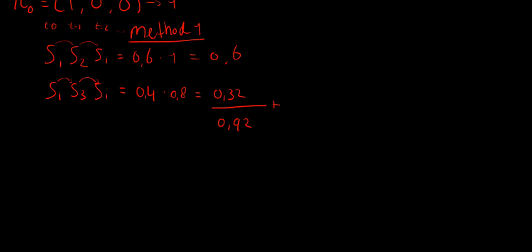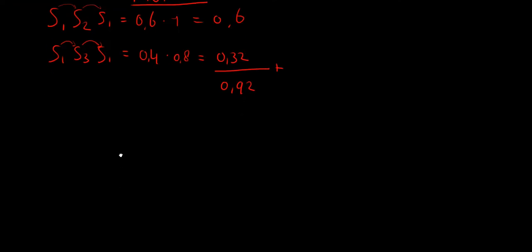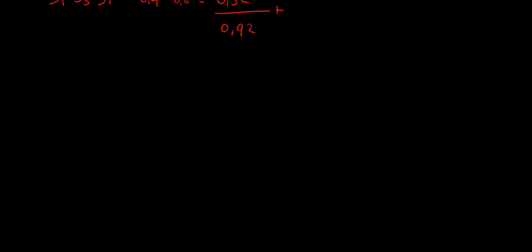Now let's look at a different method. We're going to look at method 2. And for this, we're going to use our transition matrix and our initial distribution, because we want to know when the frog starts in state 1.